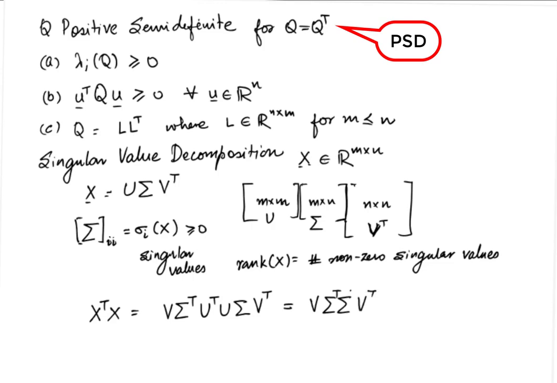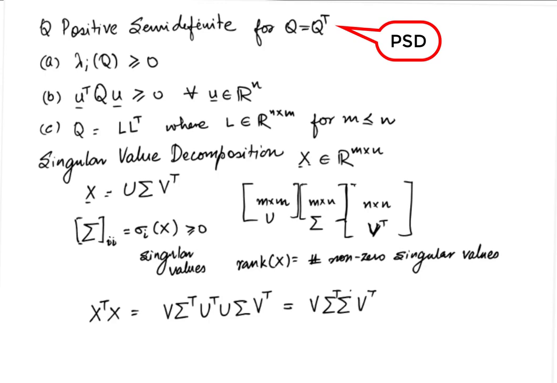Here, since sigma is an M cross N matrix with singular values along its main diagonal, sigma transpose sigma would be an N cross N diagonal matrix. Together with the fact that V is orthogonal, this is exactly the eigenvalue decomposition of X transpose X, with V containing the eigenvectors and sigma transpose sigma containing the eigenvalues.